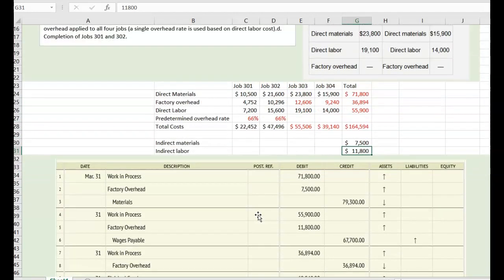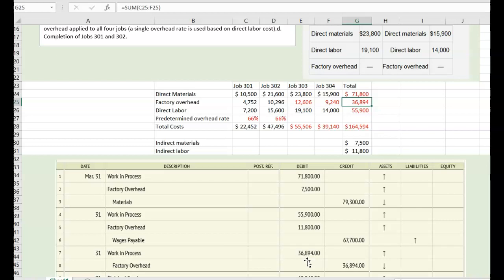Now, the third entry is the application of overhead. Okay, the total overhead assigned to jobs was 36,894, so we credit factory overhead and we debit work in process. Remember that factory overhead is getting accumulated in a factory overhead account.